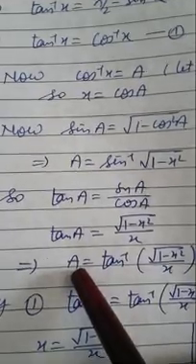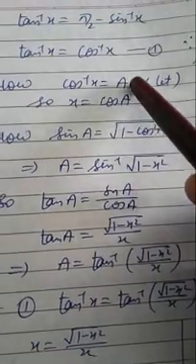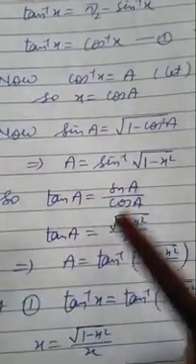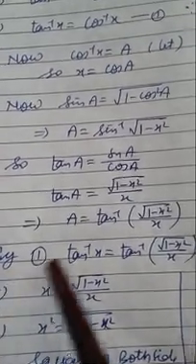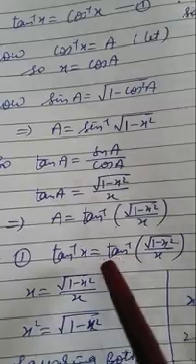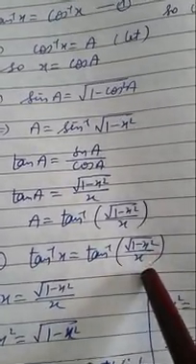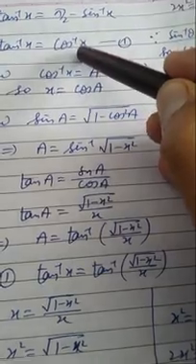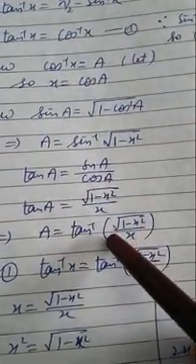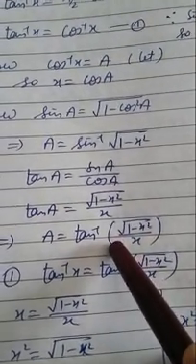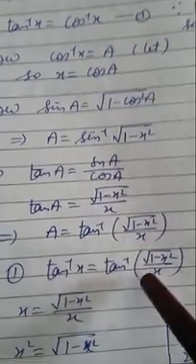Now you see, this cos inverse x is A and this tan inverse is also A. So cos inverse x is equal to tan inverse of under root 1 minus x square upon x. It means in place of this cos inverse x, we can put tan inverse of under root 1 minus x square upon x.